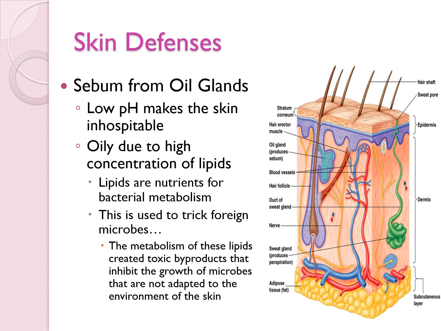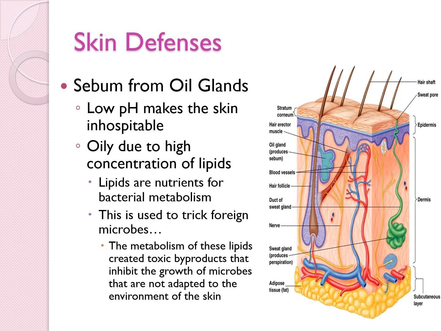So this oily secretion, this sebum, is going to have a large amount of lipids, so fats. And the sebum itself is going to act in two parts to protect us. One, it's going to act like a sticky trap to trap microbes in it.